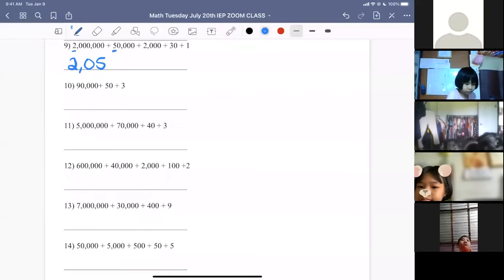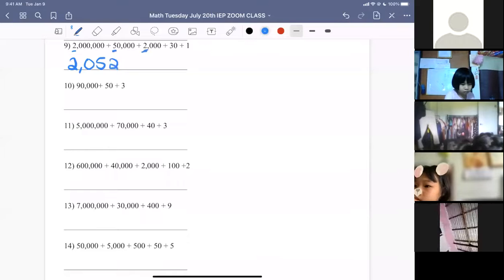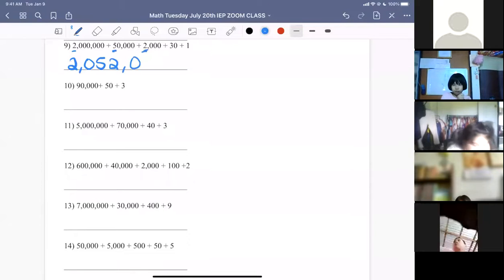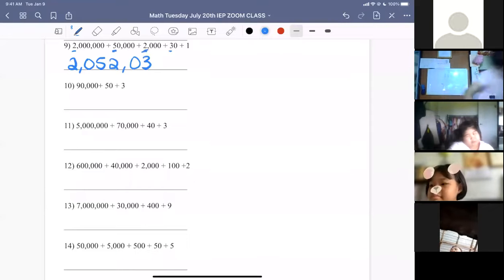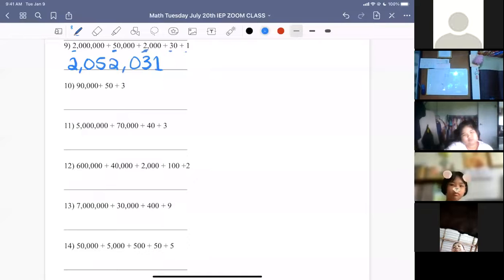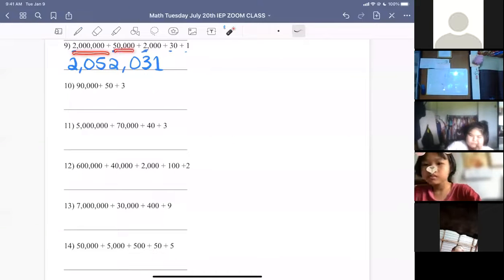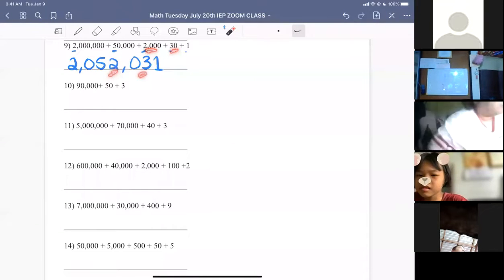Yes, we do. We have a 2,000. Do we have hundreds? No, we don't. We're going to write a 0. We have 10s? Yes, we do. We have a 3. Do we have 1s? Yes, we do. We have a 1. So we have 2,052,031. Right? 2,050,000. It's 2,000. It's 30. And this 1.